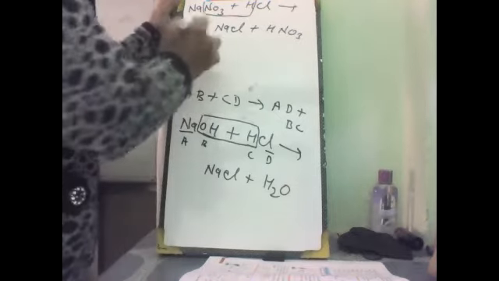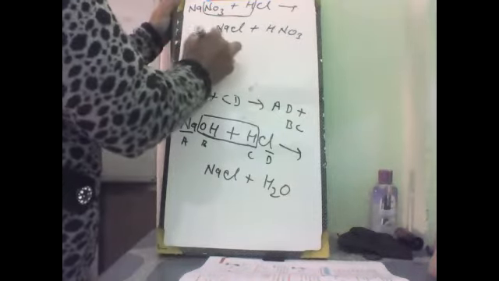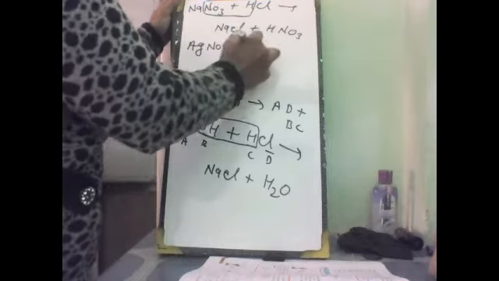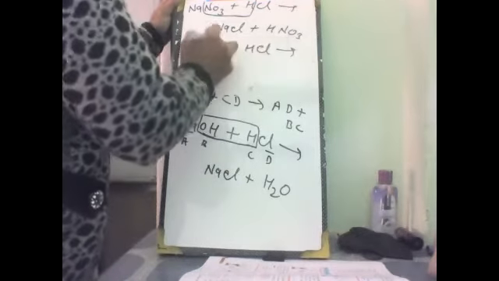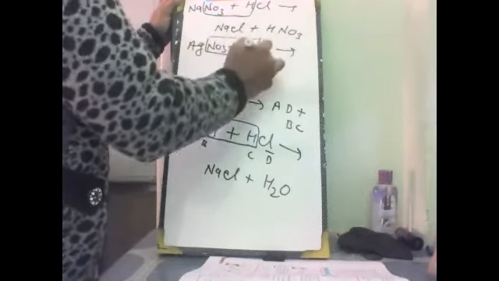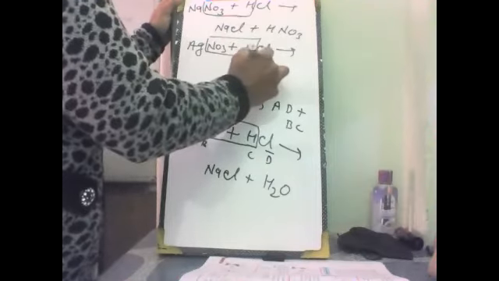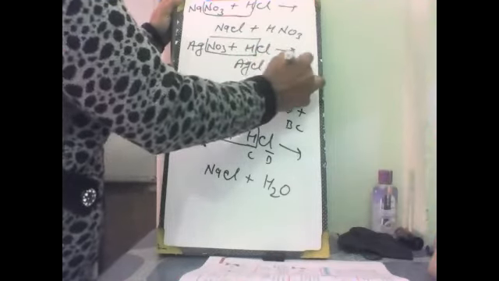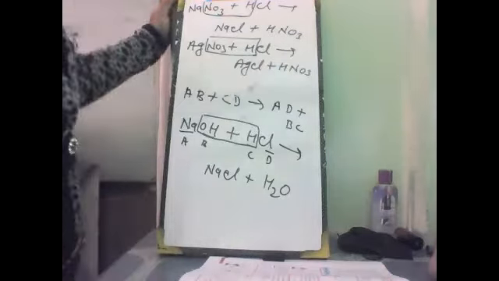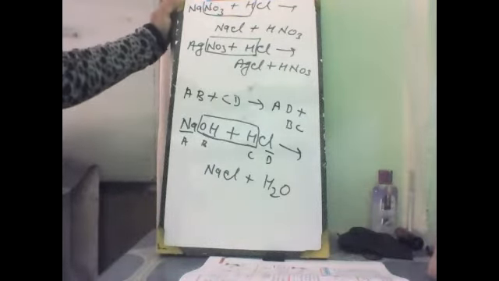Another example, silver nitrate reacts with HCl, and same here they form HNO3 and AgCl. This is another displacement reaction example.